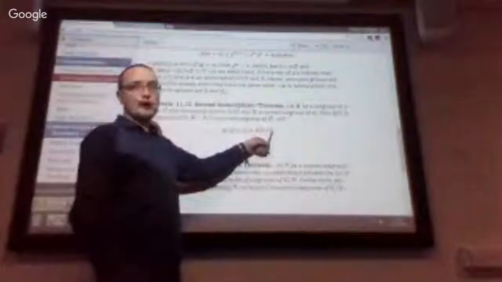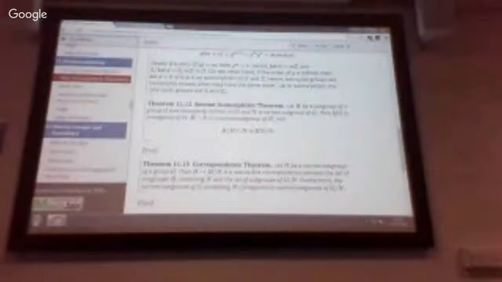It contains the normal group N. So in particular, N will be a normal subgroup of this subgroup, H times N. So it will be a legitimate construction to form that quotient group, HN factored out by N. And so the second isomorphism theorem is just establishing that isomorphism. Okay?